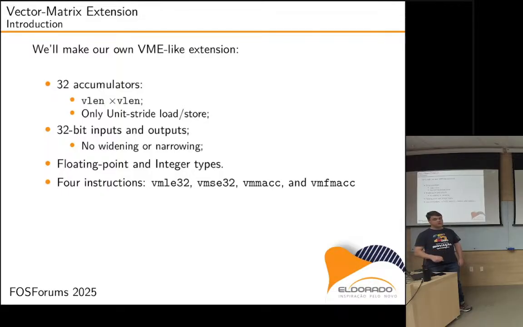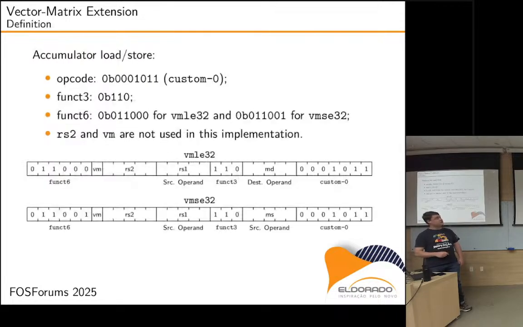No widening or narrowing of the data types, to keep the function simple for this talk. We'll have a floating point and an integer operation. And in total we have 4 instructions. A vector load to load the accumulator, a store for the accumulator, the integer outer product, and the float outer product.